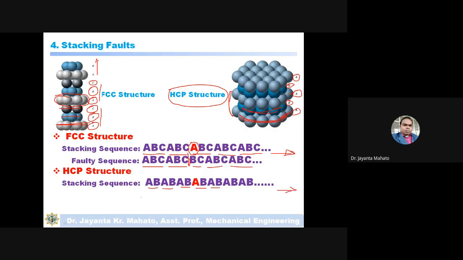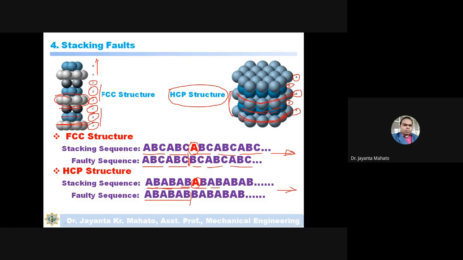So if again A type of atoms are missing from this regular sequence, then what happens? The sequence previous to this plane remains constant, and here the A type of plane is missing.